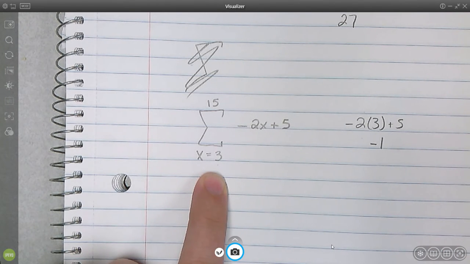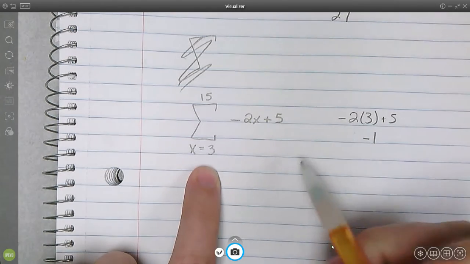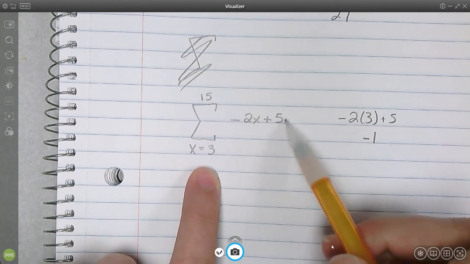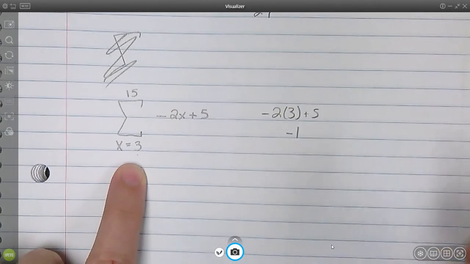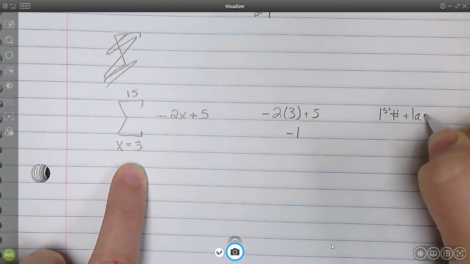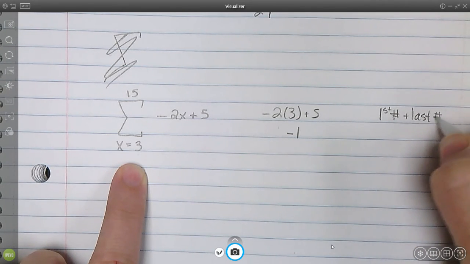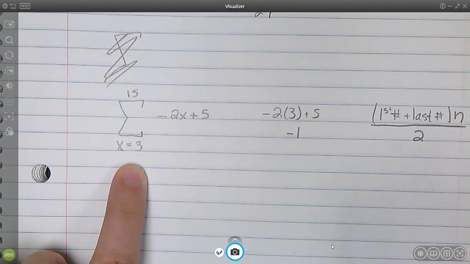Now we can use the formula that we learned in class. Is this arithmetic or geometric? Well, this is linear, so it's arithmetic, so we're adding every time. That formula was you take your first number plus your last number, times your number of terms, divided by 2.